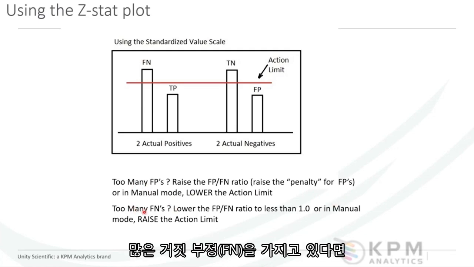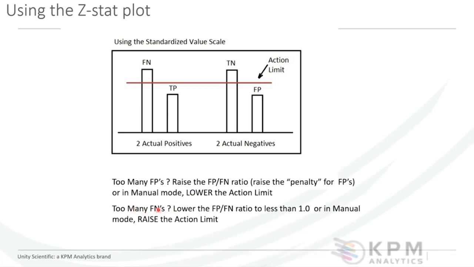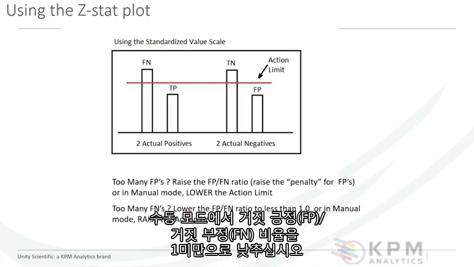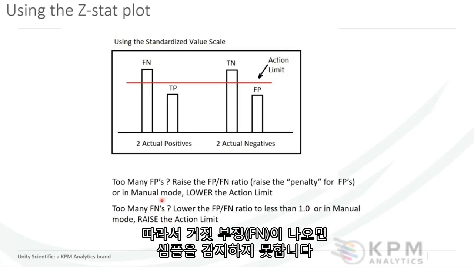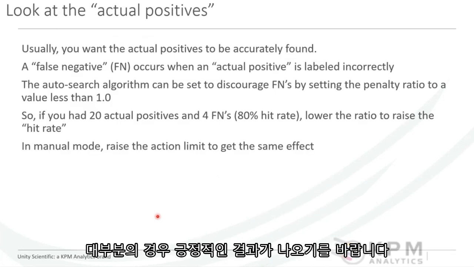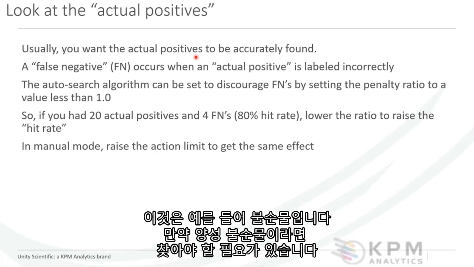If you've got too many false negatives and you want to push the system in that direction, you can lower the false positive, false negative ratio to less than 1 in manual mode. Okay? So if you've got a false negative, you're not detecting a sample. So one is slipping through. In most cases, you want the actual positives. This is, for example, an adulteration.